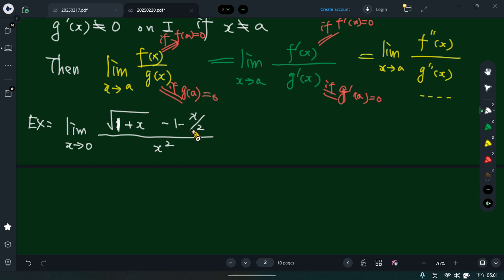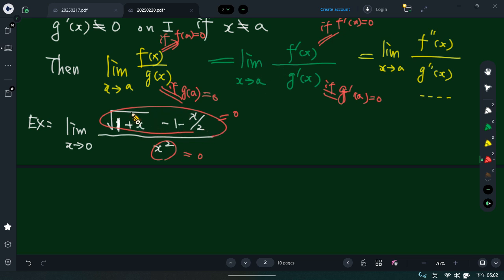So you can see here is f of x, and the denominator is x squared. Both of them, when you use 0 to replace x, you can find the numerator is 0 minus 0, so totally it will become 0. At the same time, x squared is 0. So you will suddenly find it is 0 over 0, right?